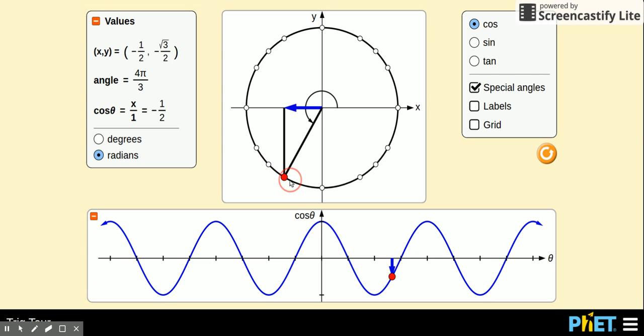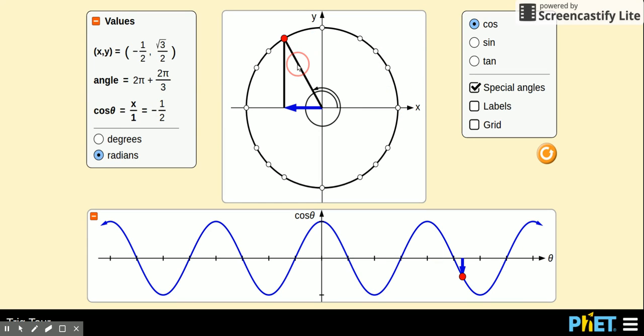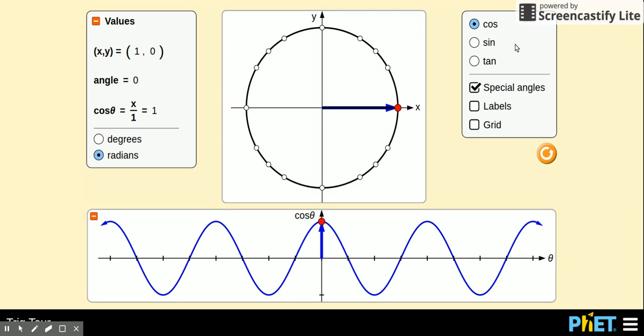And as we cycle back up, we'll reach another 0 displacement at negative 90 degrees, or 270 degrees, or 3 pi over 2 radians, and we'll eventually return to our starting point. And so it's a periodic function that will repeat as you move around the circle more than once.